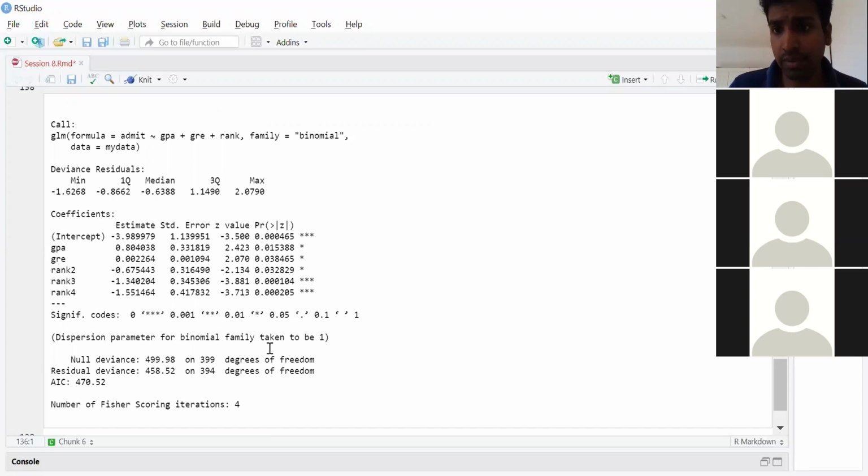When you're trying to build a model, the p-value is indicating the percentage of errors that you are trying to allow into the model. If it is exceeding the 5% level, which means your model has more errors, you are not going to accept it, right?